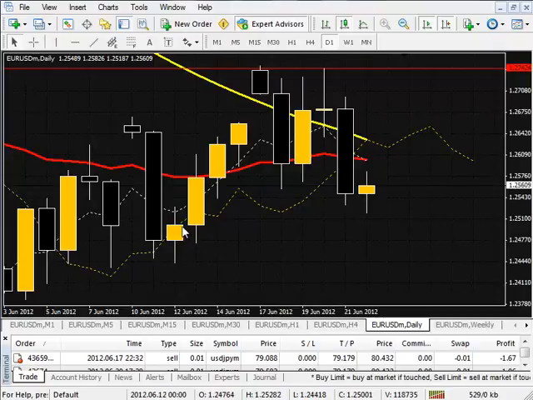There's an entry level and an exit level. I'm sorry, this is the entry and this is the exit. So it exited here, entered here, exited here. So we had a little bit of growth here. This was a little bit longer than this one, but it's not as much as on this candle right here.